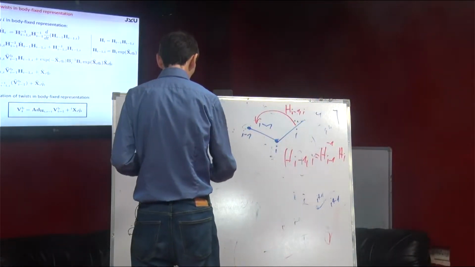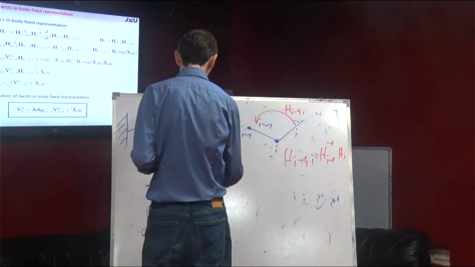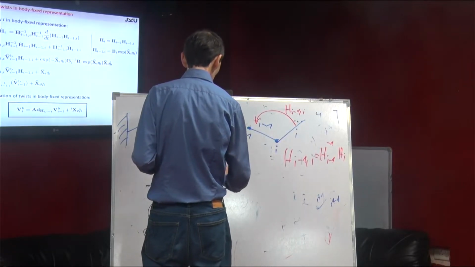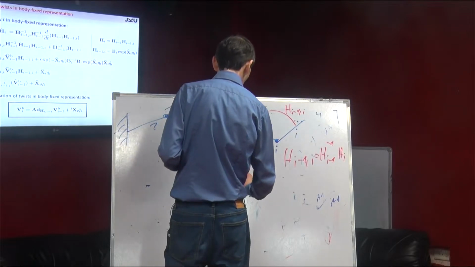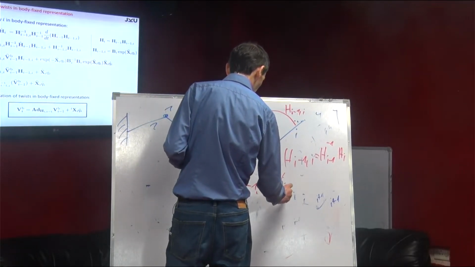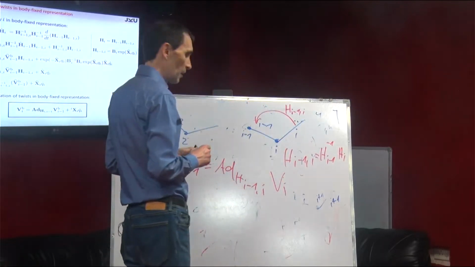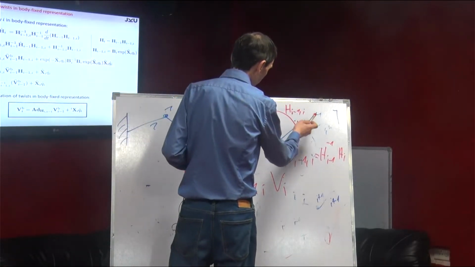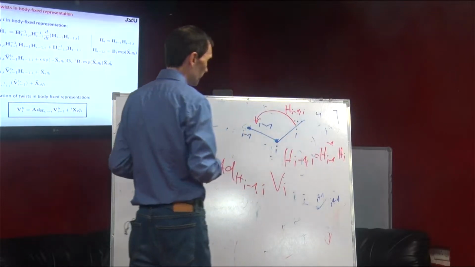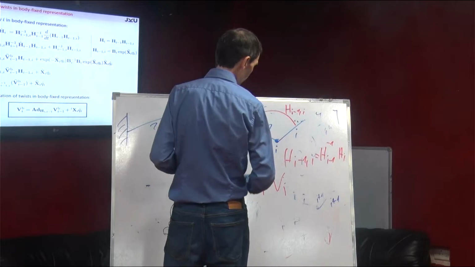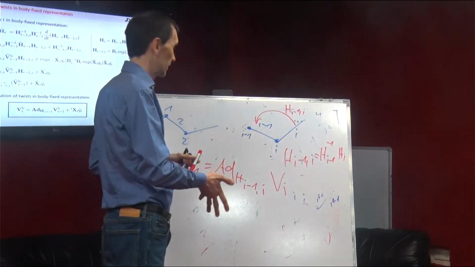So if I have the twist in I, then I get the twist in I minus 1 by taking the adjoint of H I minus 1, I times V I, exactly, right? So you see, H I minus 1, I is doing the frame transformations. The adjoint of H I minus 1, I is doing the twist transformation, right?